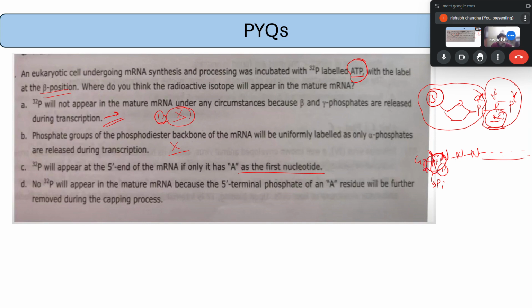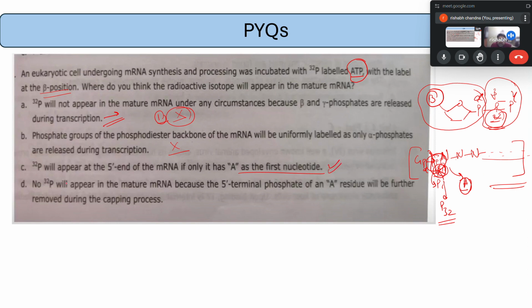So the beta phosphate remains. If the first nucleotide is adenosine, then the beta phosphate will be present there and it will show radioactivity. So this option can be correct.